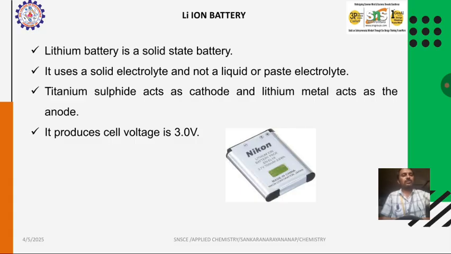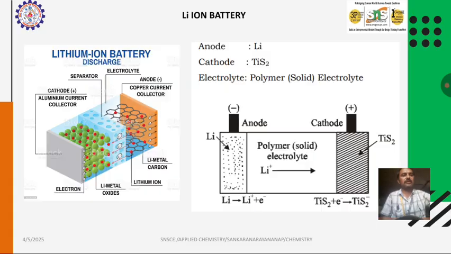Here the anode gets oxidation and the cathode gets reduction. The anode is lithium and the cathode is titanium disulfide. The electrolyte is a polymer electrolyte, a solid type of electrolyte. In the right side image you can see the lithium loses electrons, which gives power. It means it gets oxidized.